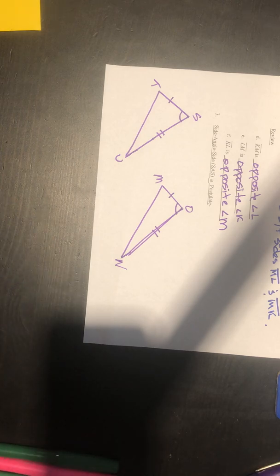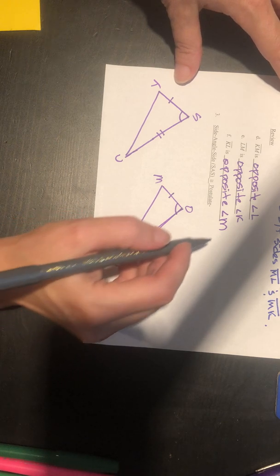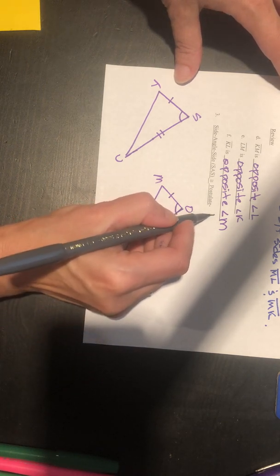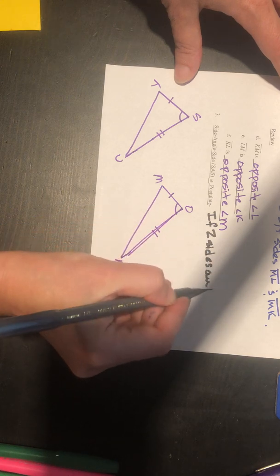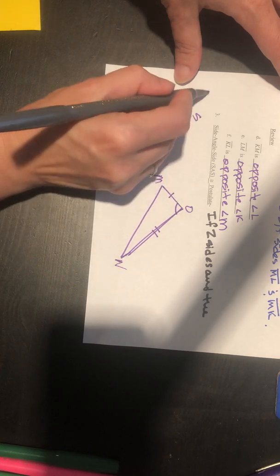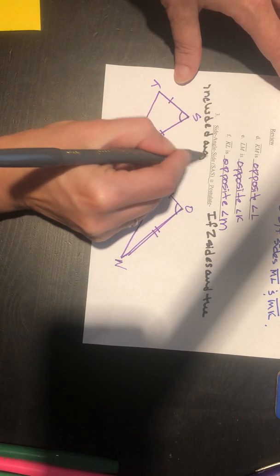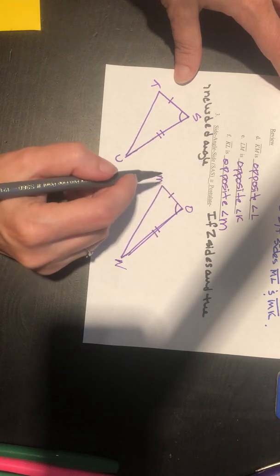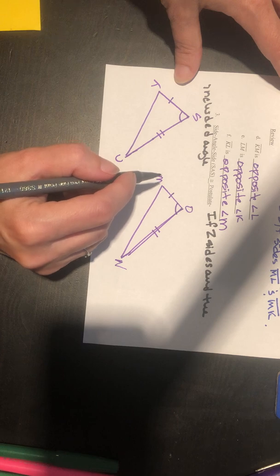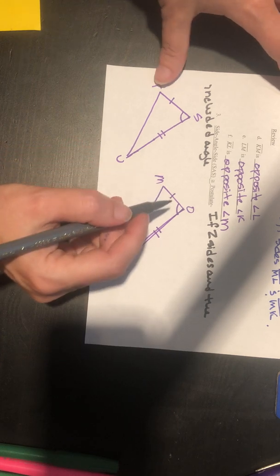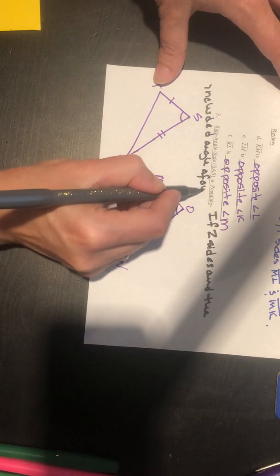This is something that I want for us to practice with construction again, but for now we're just getting down the definitions and rules. So if two sides and the included angle are congruent to the two sides and included angle of another triangle, then the triangles are congruent.